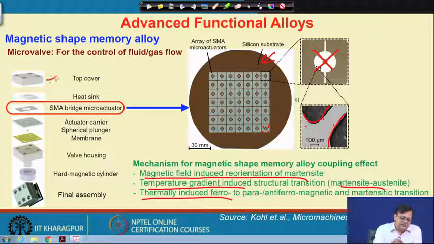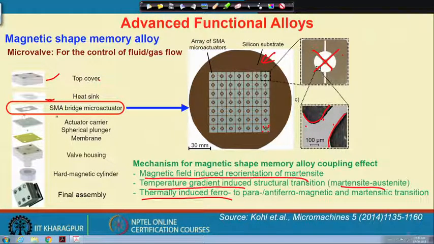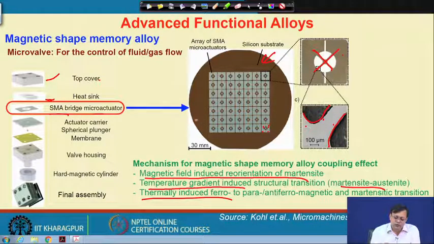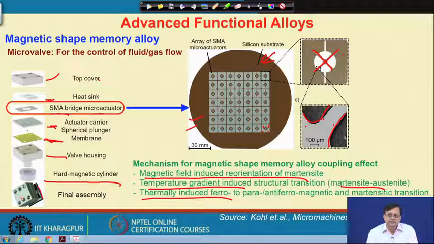The basic structure consists of a top cover where there is a need of a heat sink, and the shape memory alloy bridge micro actuator are shown here, and below that the actuator carrier or spherical plunger, and there is a membrane with a valve housing, and there is a need of a hard magnet. So, finally assembling such a part, which we use for fluid flow control or gas flow control.